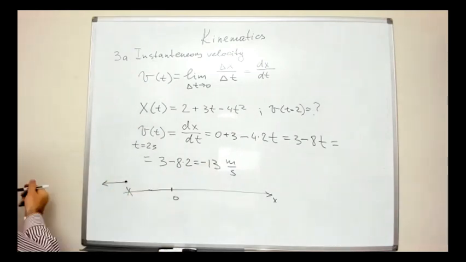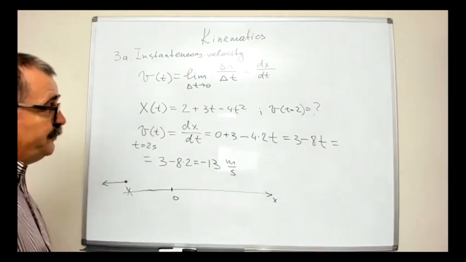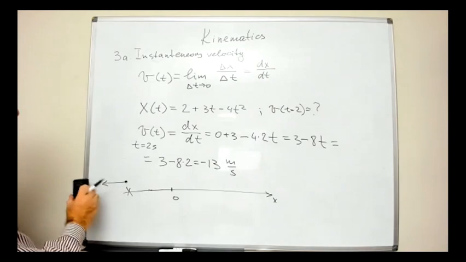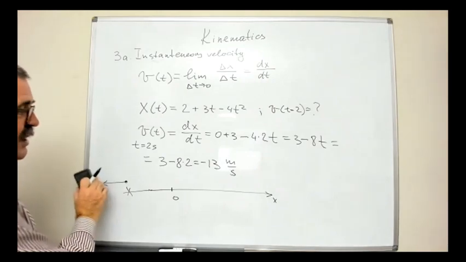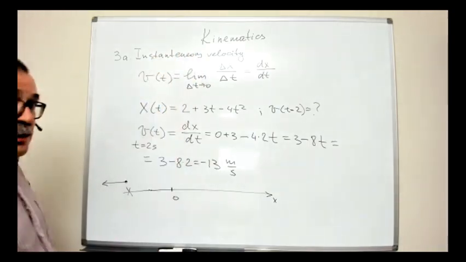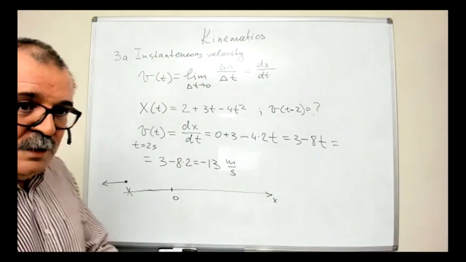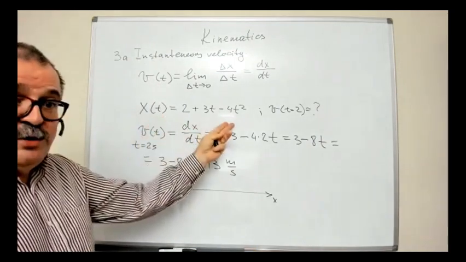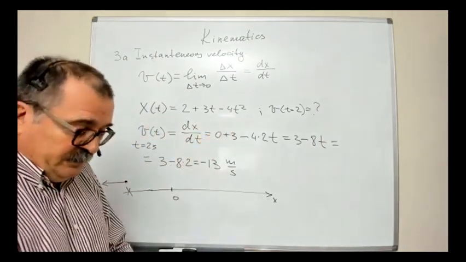So the object will move in this direction at that moment of time. Okay, so that's an example of how to use the instantaneous velocity, how to find the instantaneous velocity. It's especially easy if you know the position of the object.